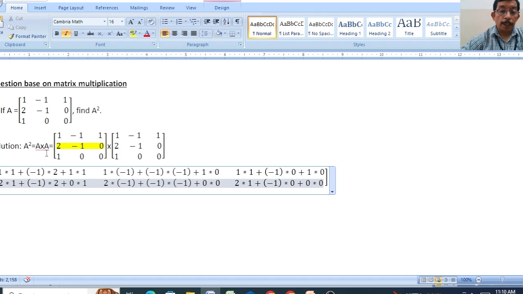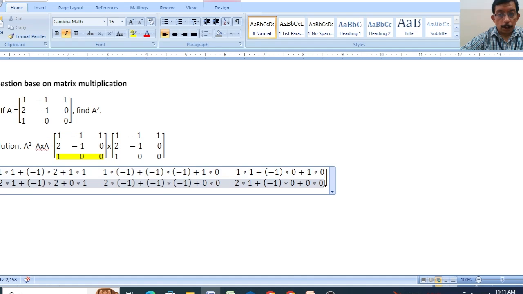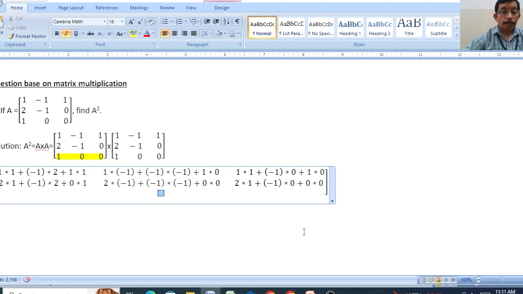Now we come to the last row elements. For the third row first element, 1 is multiplied by the first column, 1 into 1, plus the last row second element, 0, multiplied by the first column second element, 2, so 0 multiplied by 2, plus the last row third element, 0, multiplied by the first column last element, 1.